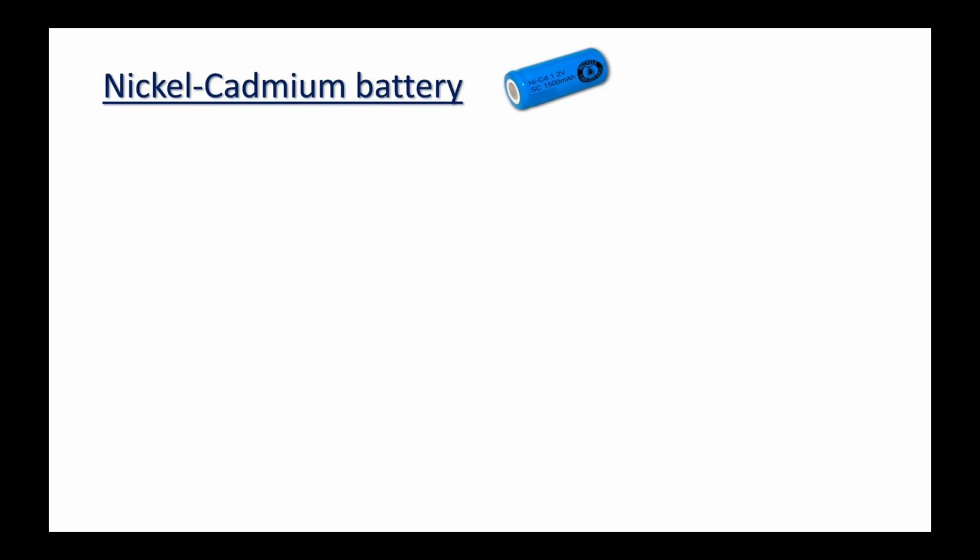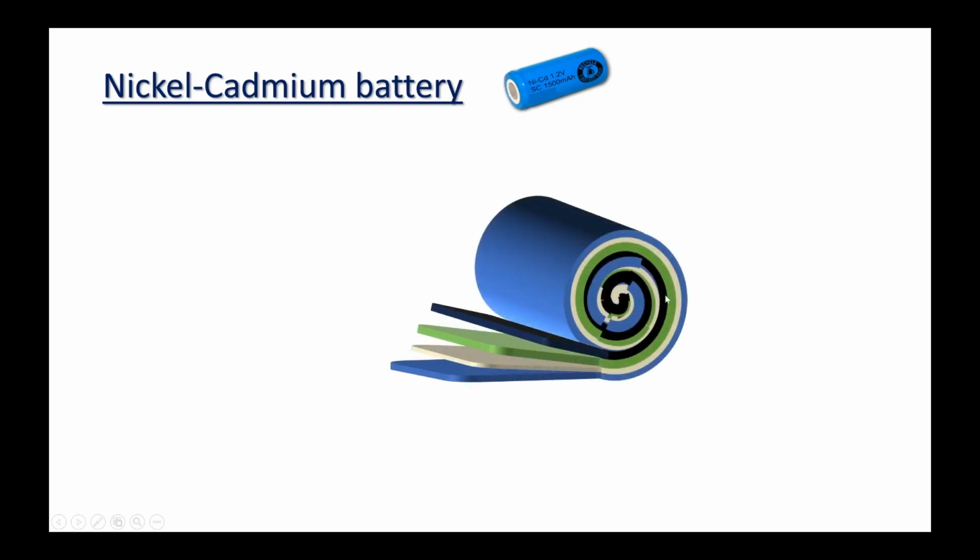Let's look at another secondary battery, that is the nickel cadmium battery. We have seen nickel cadmium batteries in many household rechargeable appliances and toys. Let us look at the construction. It consists of 4 layers of materials which are rolled to form a cylinder.